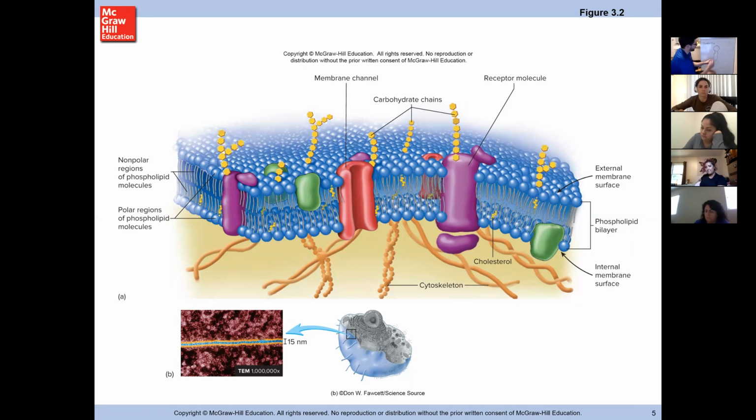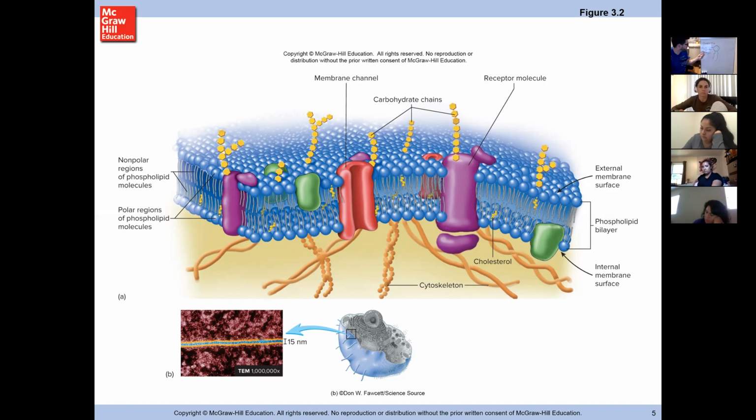Okay. So this blue part up here, its major functional groups that make it unique are phosphates, which is where it gets the name phospho, and nitrogen, both of which are polar.